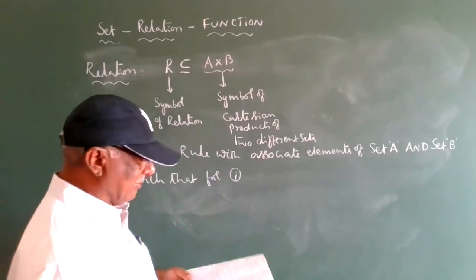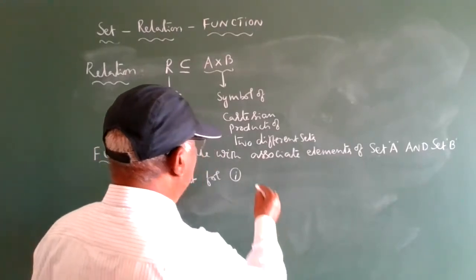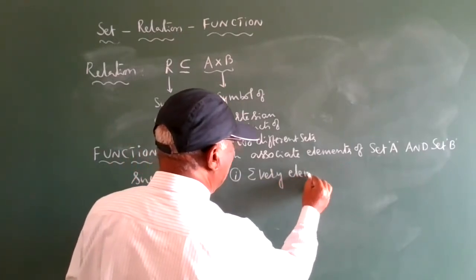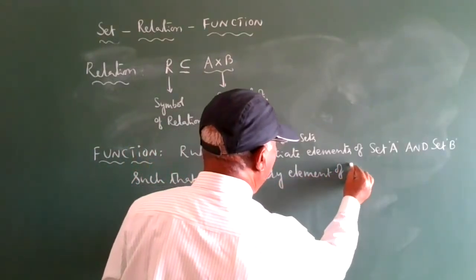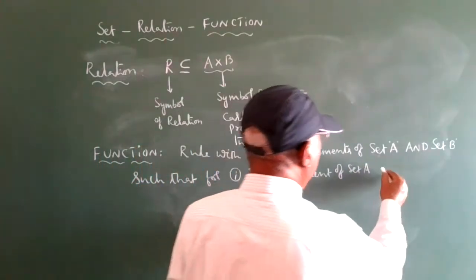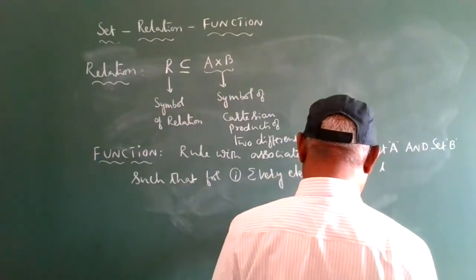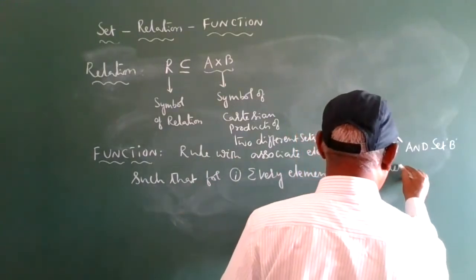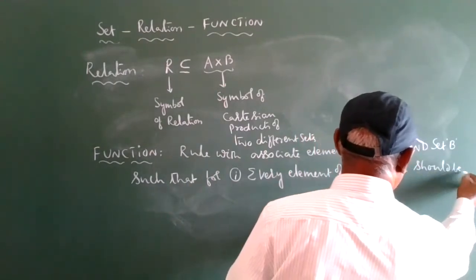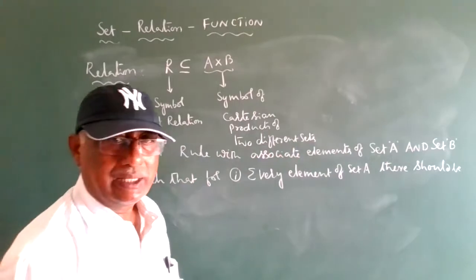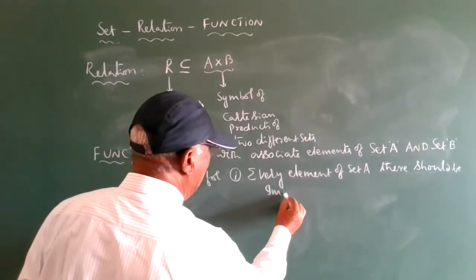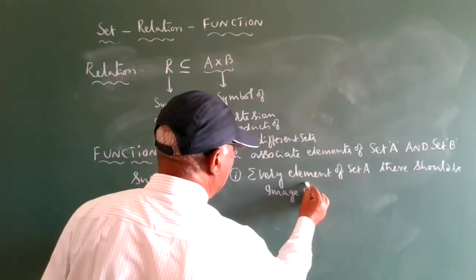First one: every element of set A should have an image in set B. I sent material also.